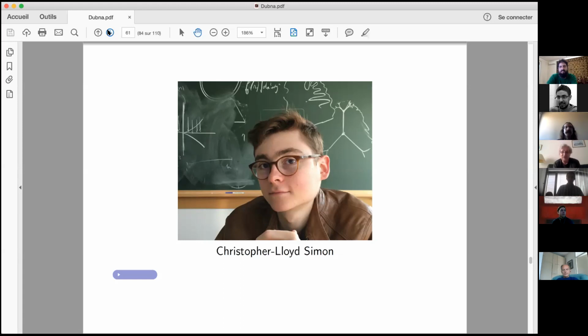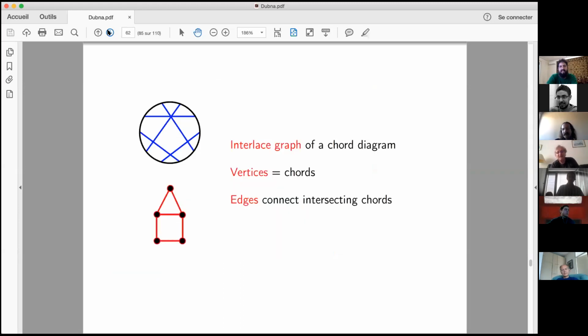And actually the final paper was published last week because it took 2 years to be published in Asterisque. Anyway, so here's the suggestion of Christopher. Christopher said, okay, you have seen that you can encode a permutation by a graph. In the same way, you can encode a chord diagram by a graph.